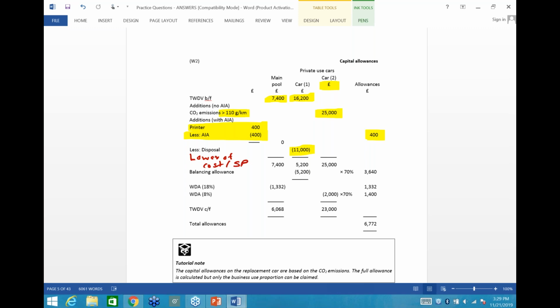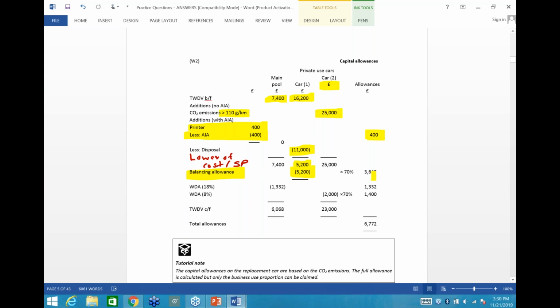So here it's a selling price 11,000. When you deduct it, you get a difference of 5,200. Now this 5,200 I can claim fully as capital allowances because the asset is no longer there for me to carry forward any balance. Whatever the balance I have, I can claim fully because the asset is no longer there in the business. This is what we call balancing allowance.